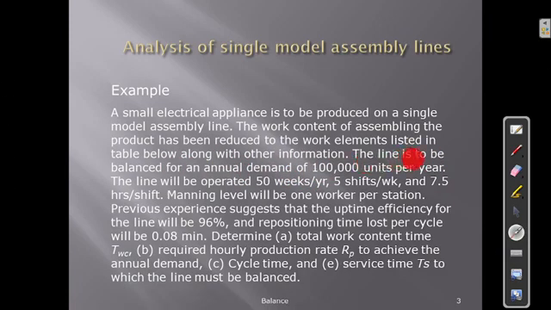The line is to be balanced for an annual demand of 100,000 units per year. The line will be operated 50 weeks per year, 5 shifts per week, and 7.5 hours per shift.